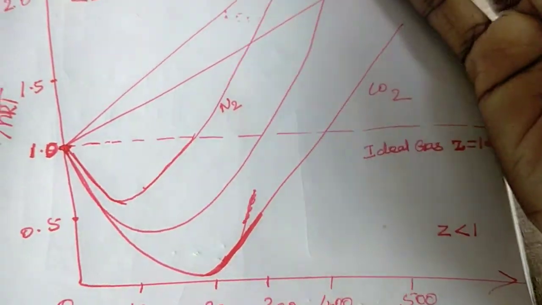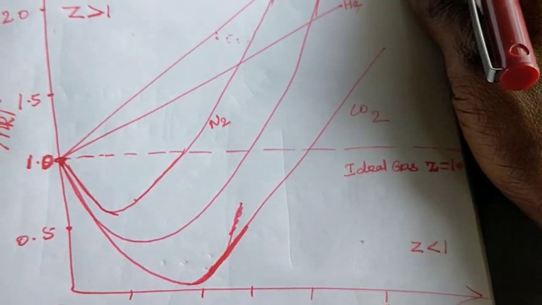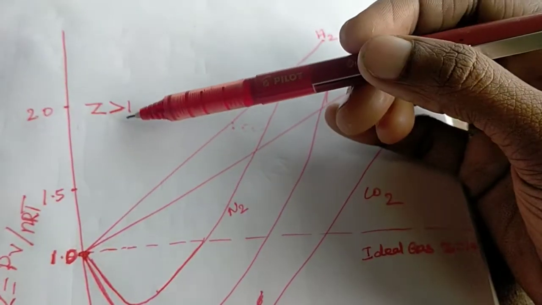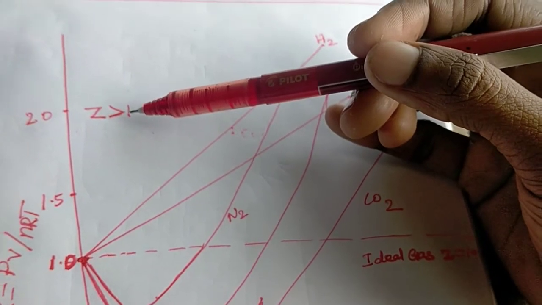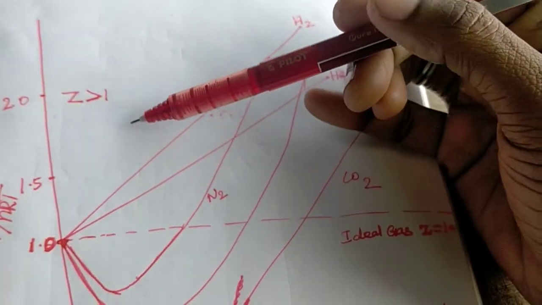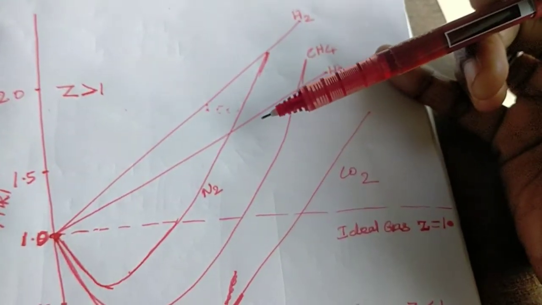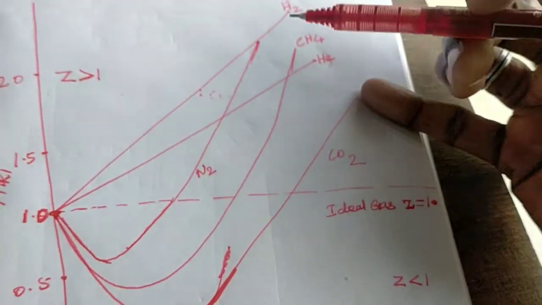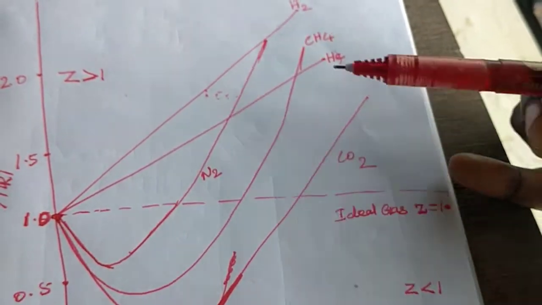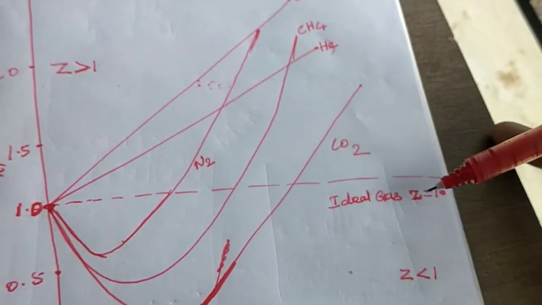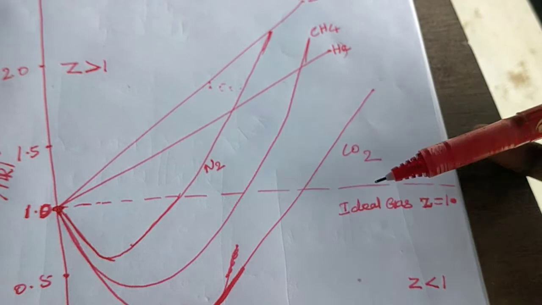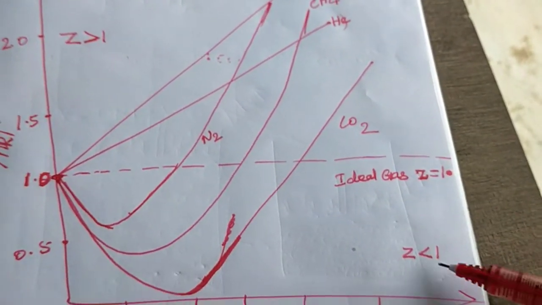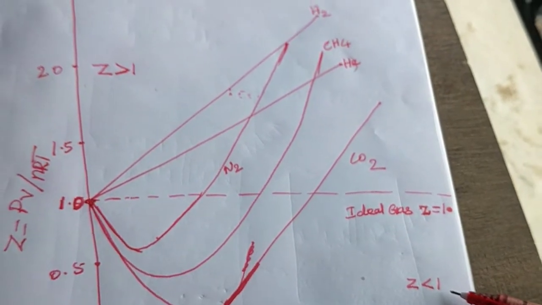Increasing temperature will show the ideal character of real gases. So let's see this condition, Z is greater than 1. This condition shows positive deviation of real gas behavior, because it is not similar to the Z equal to 1 value, but it is more positive than the ideal gas, and Z less than 1 behavior.